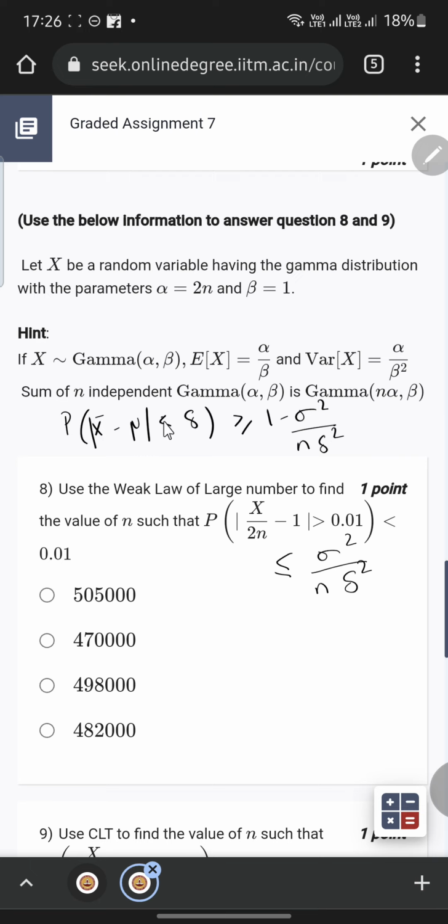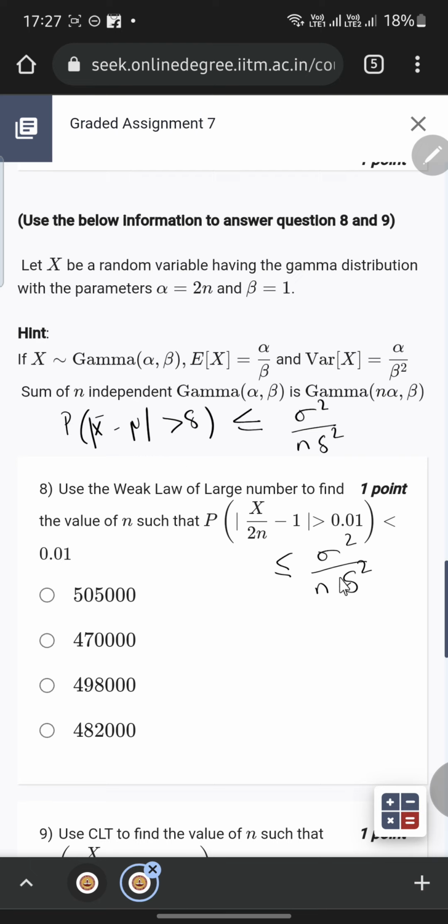This is the actual formula. If we change the inequality here, we will get this formula.